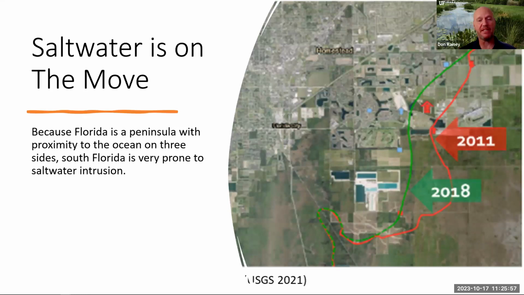Florida's peninsula is surrounded on three sides by salt water. So definitely there's going to be some pressure moving as we remove more and more fresh water from these superficial aquifers, allowing this confluence, this entrance of salt water. So 2018, and you can see the scale at which it moved, especially at the 2018 green arrow.